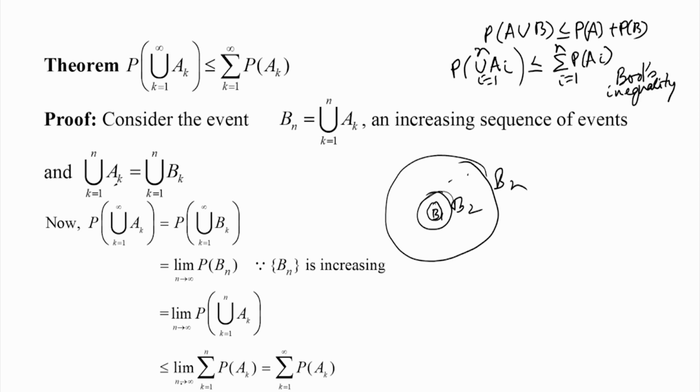And now this n going to infinity will come here. So this is the notation. So we can write that the probability of the union of A_k, k going from 1 to infinity, is less than or equal to the sum of the probabilities of A_k, k going from 1 to infinity.